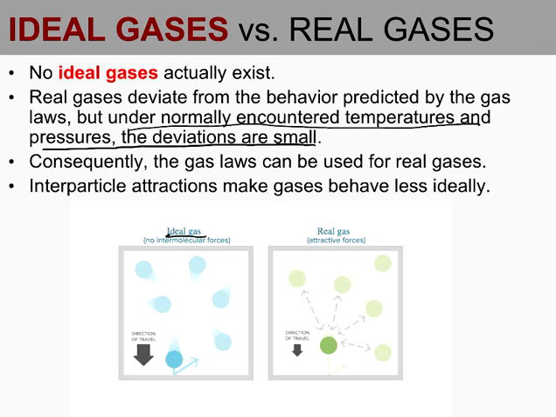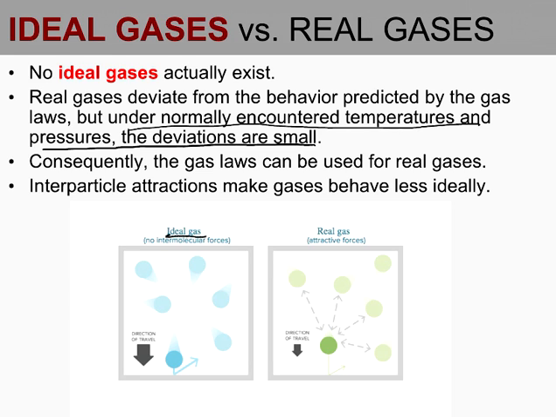And then when they collide with something, they have what's called an elastic collision. So they're not going to, for instance, stick to another particle when they collide with it. They're just going to bounce off. Kind of like if you've ever played pool, the billiard balls just bounce right off of each other.